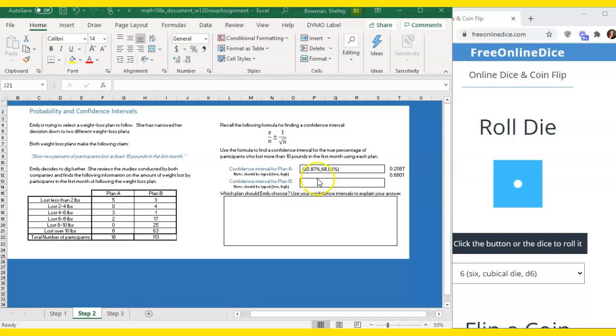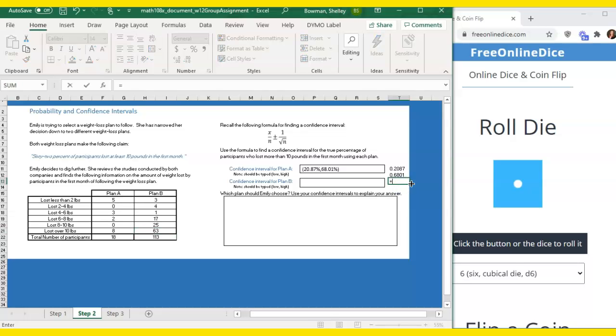Now we're going to do the exact same thing for the confidence interval for Plan B, except we're going to use the numbers over here for Plan B. The number that we're interested in is those who lost more than 10 pounds, same as before. So I'm going to use this one, 63. And again, I'm just going to do my calculations over here.